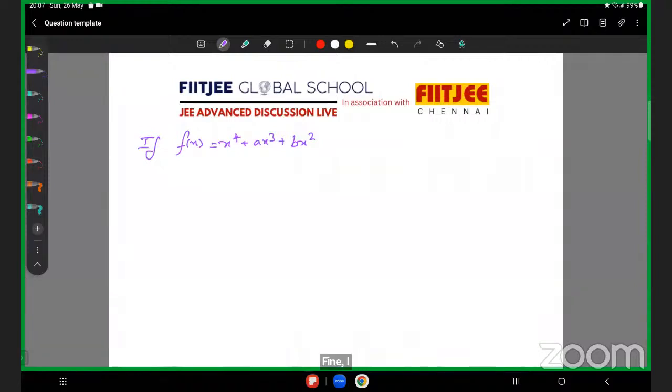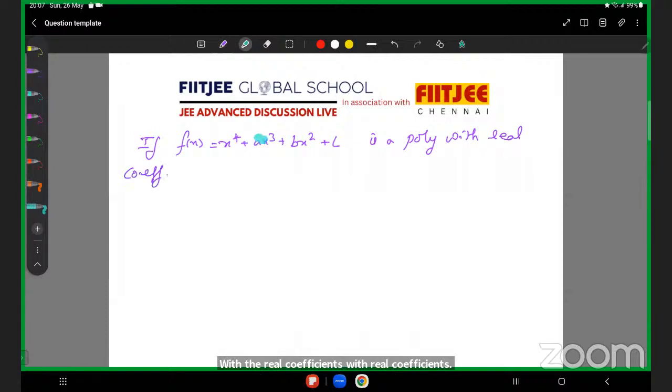Yes, sir. If f of x is given to be x power 4 plus ax cube plus bx squared plus c, a polynomial with real coefficients, that means a, b, c are real, and f of 1 is given to be minus 9.